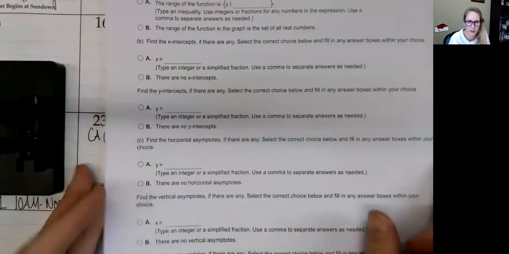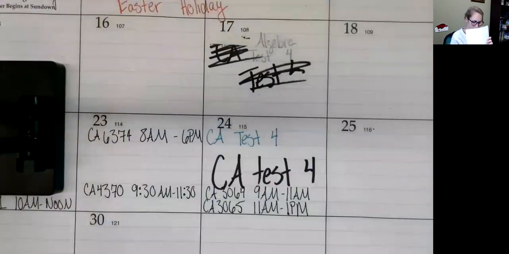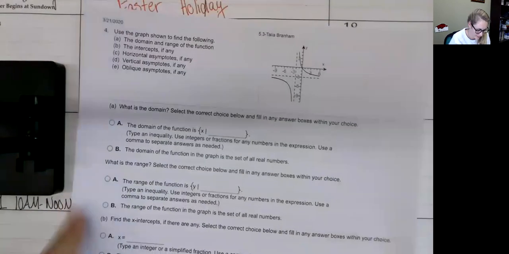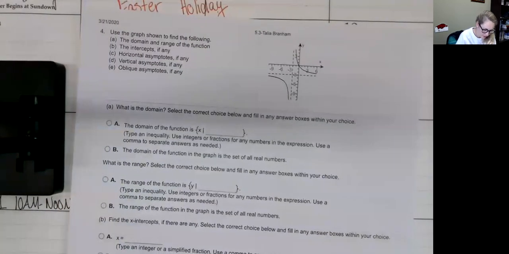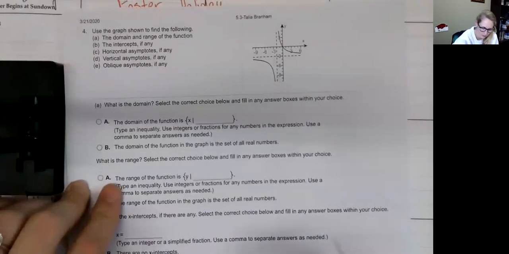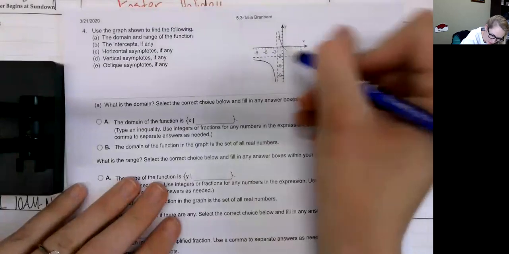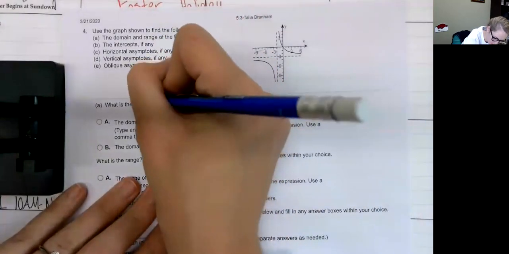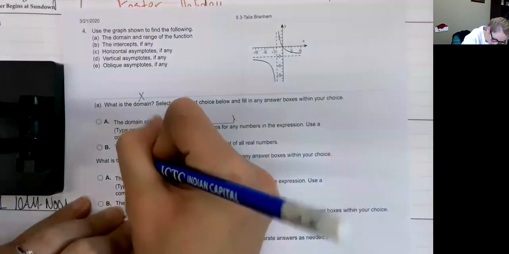Okay, all the parts to the problem. Use the graph shown to find the following: the domain and range of the function, the intercepts, if any, horizontal asymptotes, vertical asymptotes, and oblique asymptotes. So the domain, looking at this, remember domain is x, range is y.